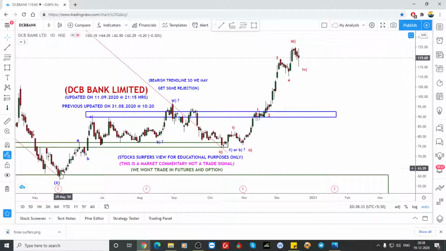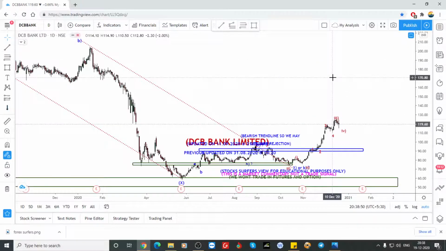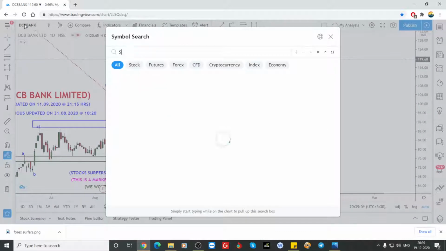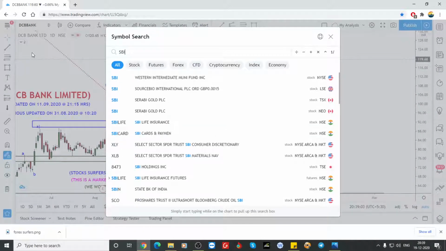And again what it will do is this would be A B C, or the whole thing becomes a W X, or this could be A or B. So whatever it is, after the five-way structure, one three-way structure has to happen, and then only we have to enter for that another high it has to break. So as of now, we are in the intermediate wave 4. One more wave is possible. And we will move on to SBIN.